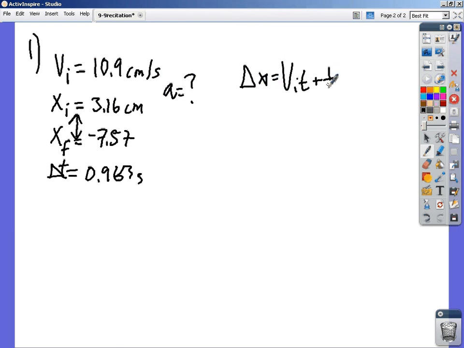So what am I going to rearrange for? A, acceleration, right? Okay, when you do that, did I do this on my paper? Yeah, I did. You should get this. A is equal to 2 delta x minus 2 v initial t over t squared. I'll let you look at that algebra for a second.